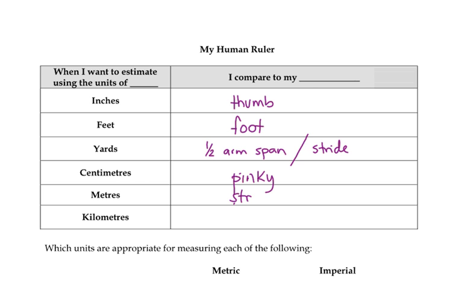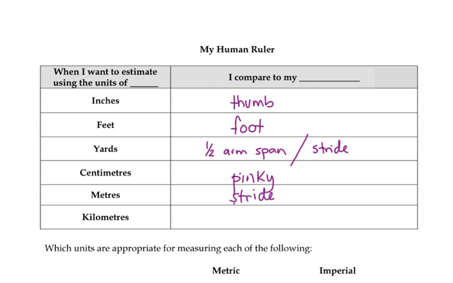Very similar to a yard. And a kilometer. 1,000 steps. Okay, so yes, you could say 1,000 steps. That could work.